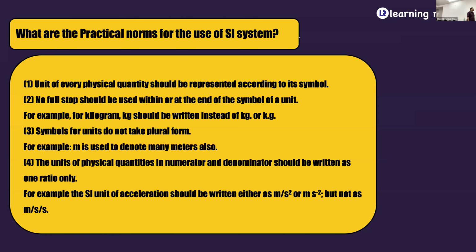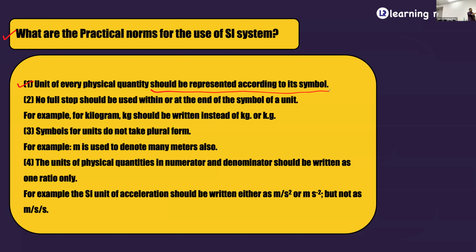The next topic that we are going to see is the practical norms for the use of the SI system, right? First thing is the unit of every physical quantity that we define should be represented according to its symbol. We know how the symbols are written. For meter, you write m, for second, you write s. Like that, you need to follow these conditions.